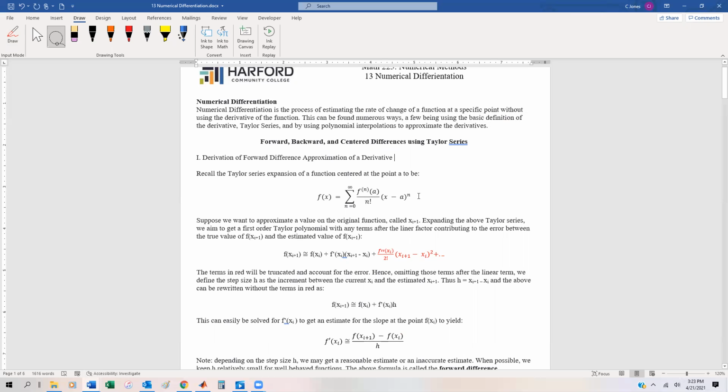From Calculus 2, you might remember seeing a Taylor series that's expanded about a specific point A. Maybe I want to approximate a transcendental function or just a not so nice algebraic function using a polynomial, and I get a Taylor polynomial. For us to truly get a really good approximation, we'd have to go out to infinity. In fact, as it goes to infinity, we almost get what that function is, but we know that we can't reach it.